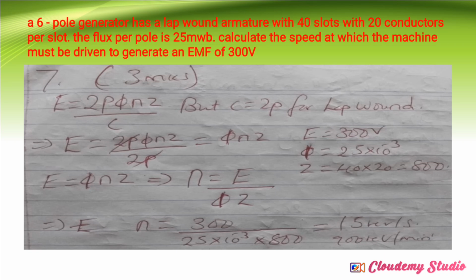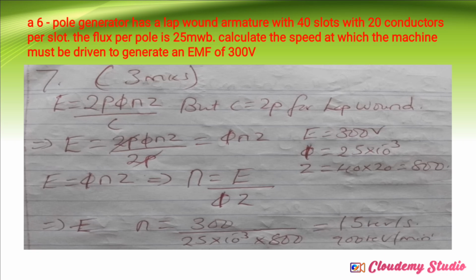So the generated E is equal to phi N Z, because the 2P's cancelled each other. You can make N, which stands for the speed, the subject. N is equal to E divided by phi times Z. So N is 300 divided by 25 times 10 raised to power negative 3, multiplied by 800, which gives 15 revolutions per second.